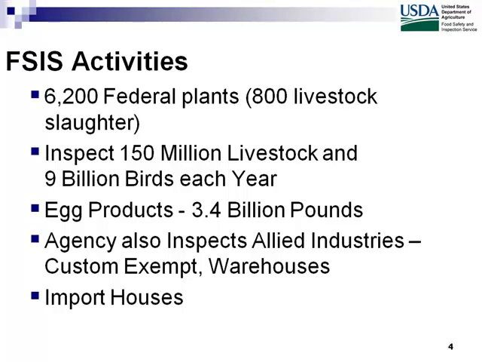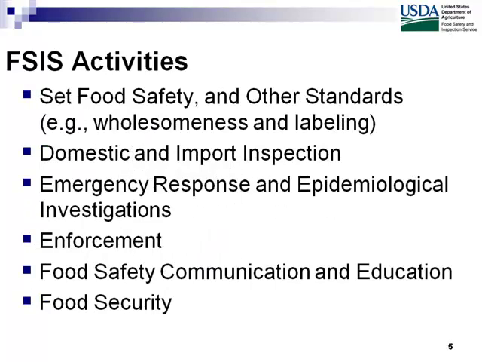So FSIS has a really big responsibility when it comes to drug residues because we oversee a lot of areas where we can detect the residues and prevent them from being a part of our meat and poultry supply. Other things that we do are set the food safety standards and other standards regarding wholesomeness and labeling. We're responsible for domestic and import inspection, emergency response, investigations, and enforcement activities.